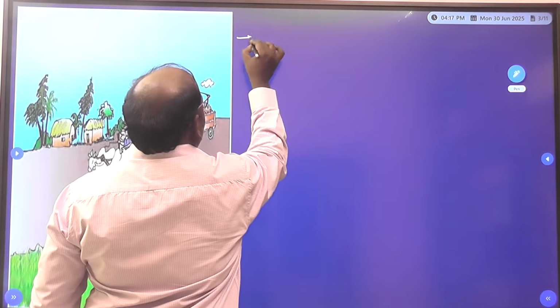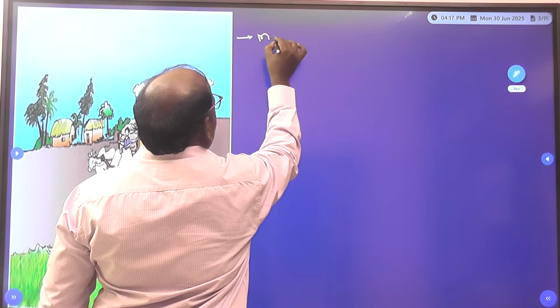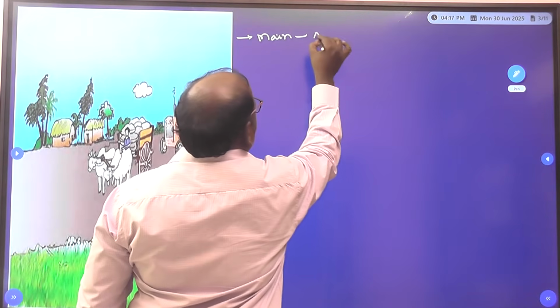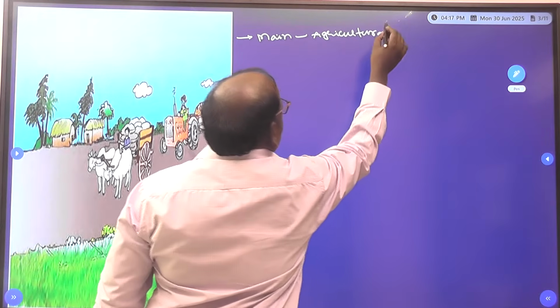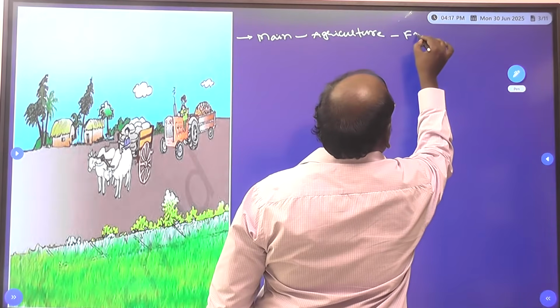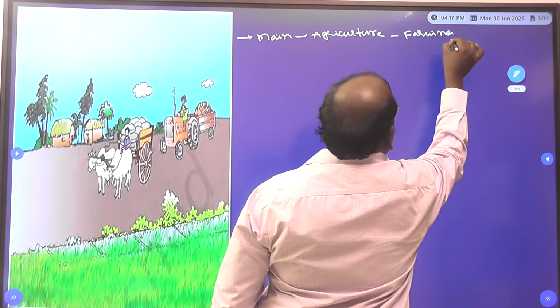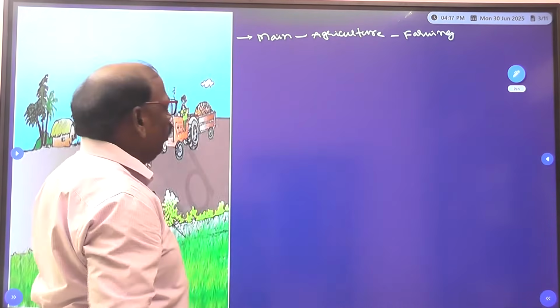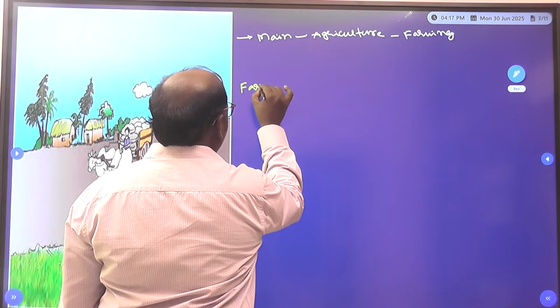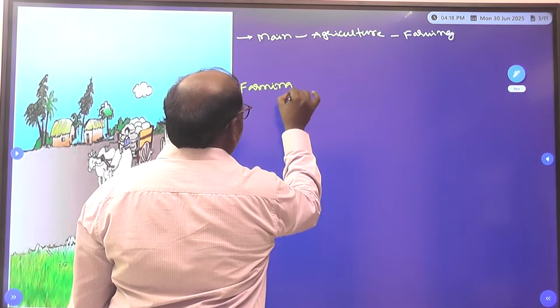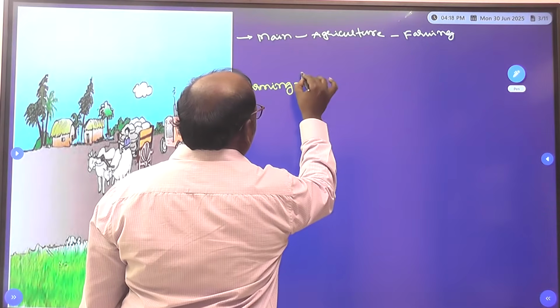We know that the main farming activity is agriculture, nothing but farming. Now we will see what farming they are following here. Farming is of two types.